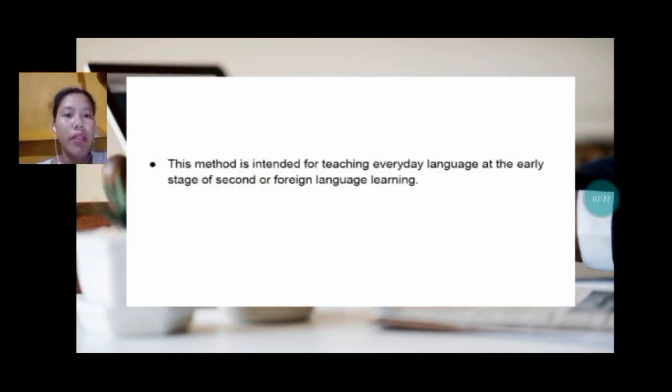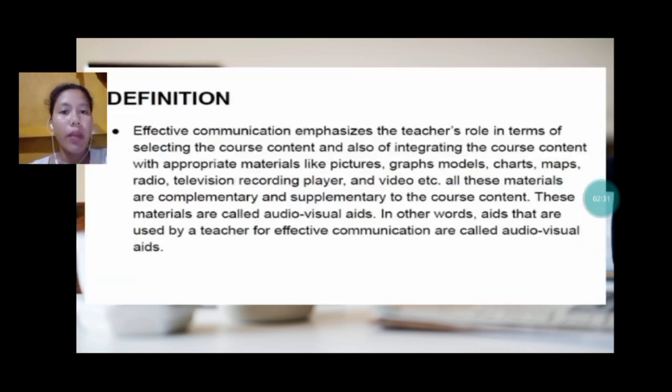This method is intended for teaching everyday language at the early stage of second or foreign language learning.